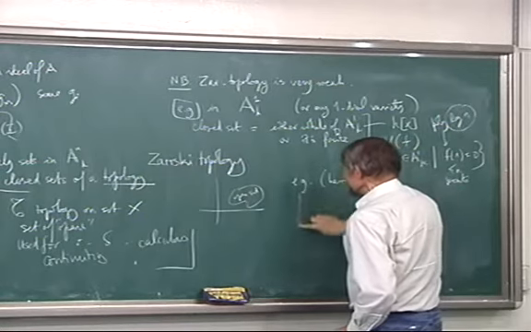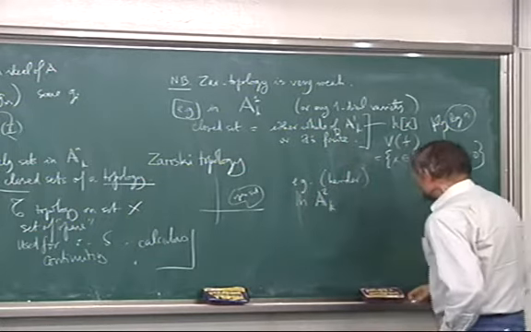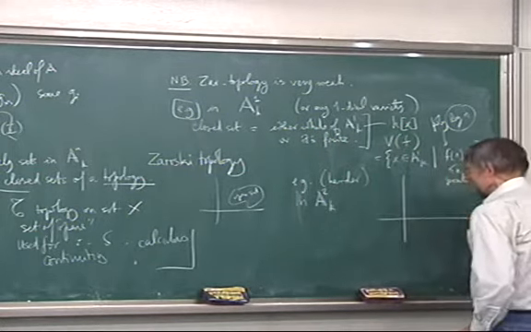so in A2 of k, so this is the xy plane, right?